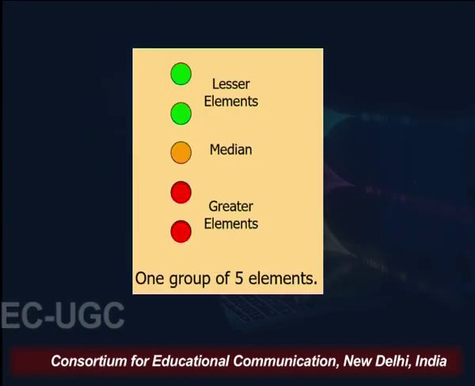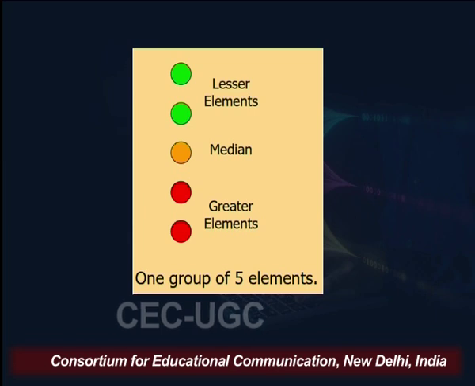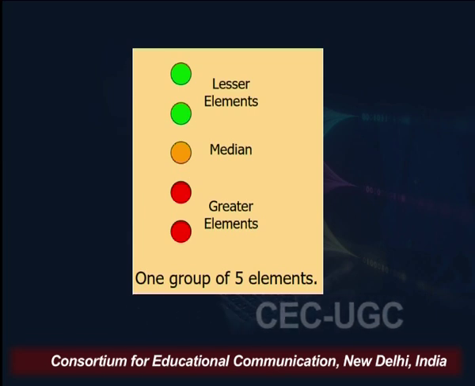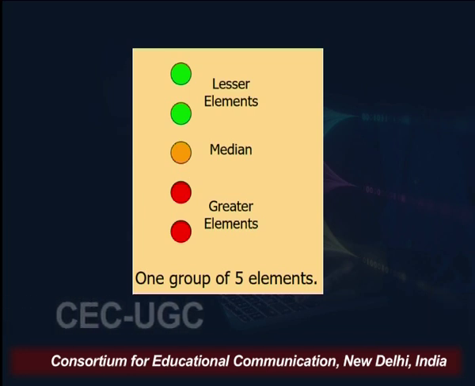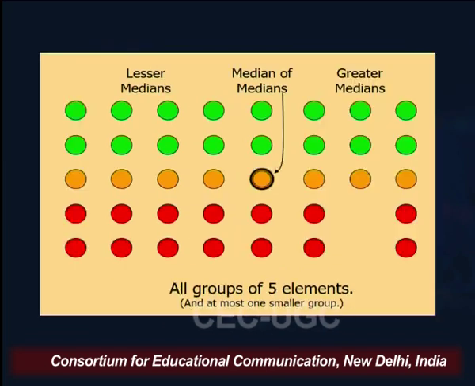For every group of 5 elements, we have 2 elements which are lesser, one element which is the median, and the next 2 elements which are greater. If we arrange them, this is the kind of figure we get.